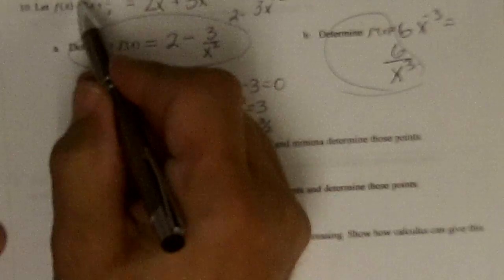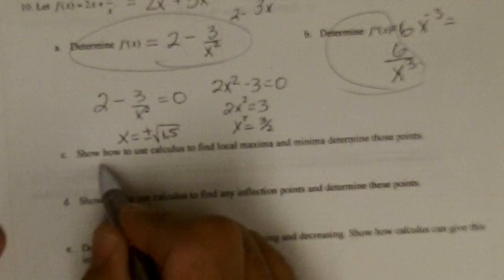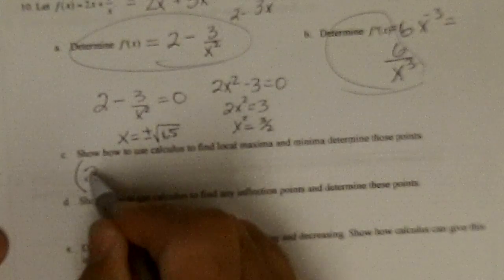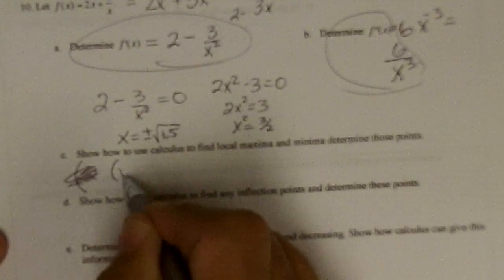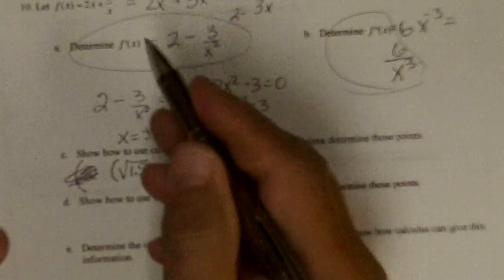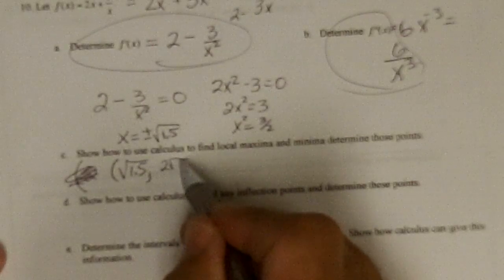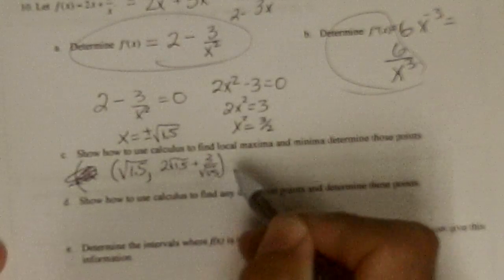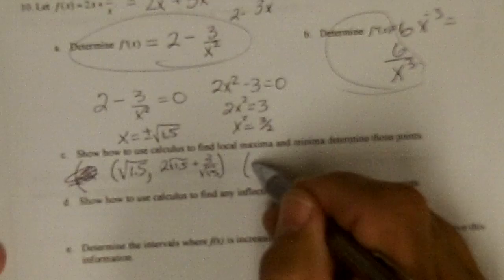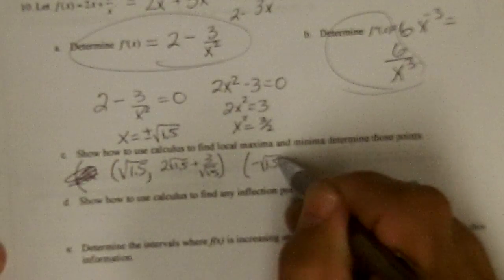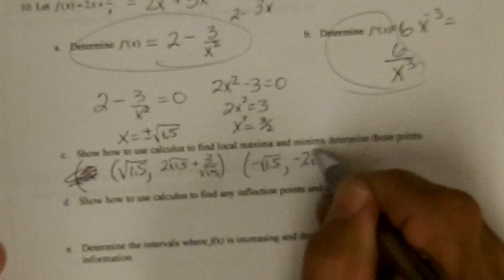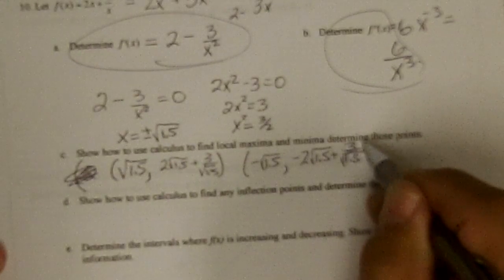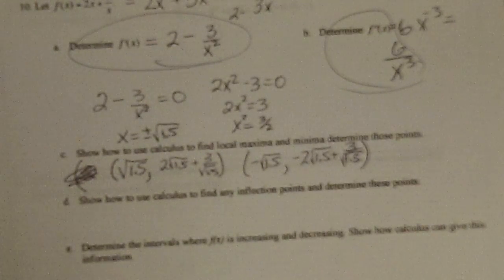And if I put those back into the original equation, I get the square root of 1.5, and I get 2 times the square root of 1.5 plus 3 over the square root of 1.5, as one point, and then I get minus the square root of 1.5, comma, minus 2 square root of 1.5 plus 3 over the square root of 1.5.